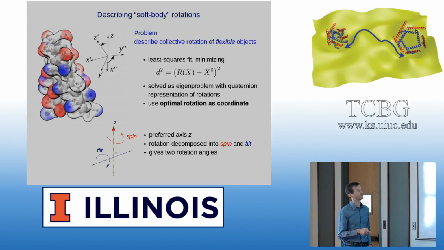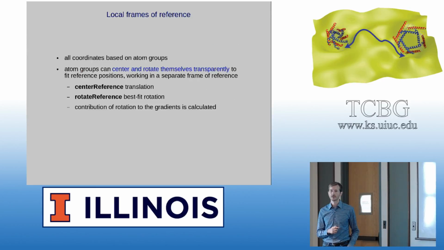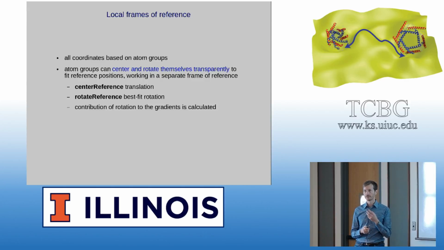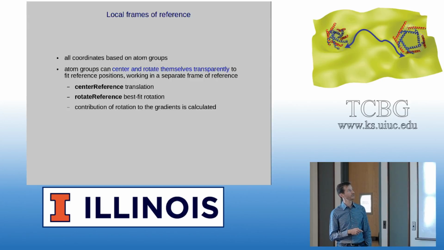Then, based on a similar approach, another really specific thing to Colvars is that you can use local moving frames of reference. The way this works is all coordinates internally are based on atom groups. And there are these two options, center reference and rotate reference, that will result in the atom group not providing its plain lab frame of reference coordinates, but returning translated and rotated coordinates based on some least squares fit again.